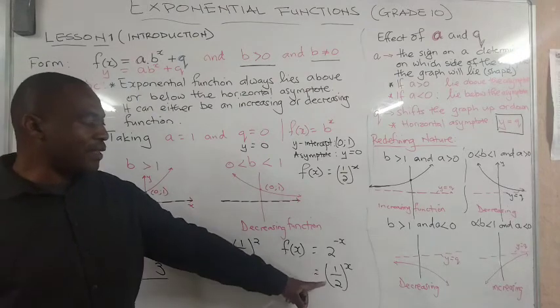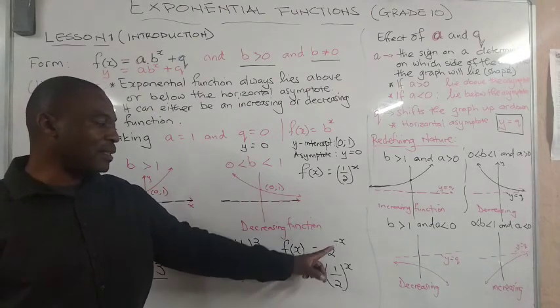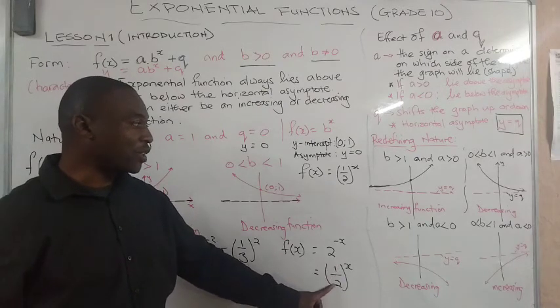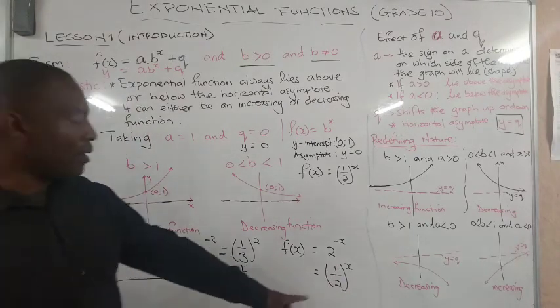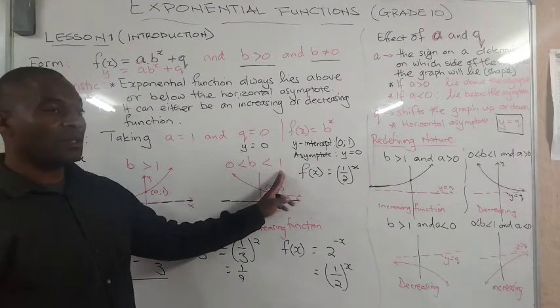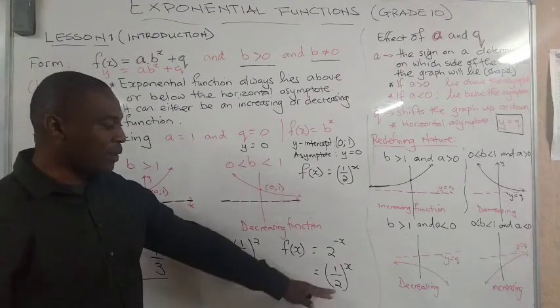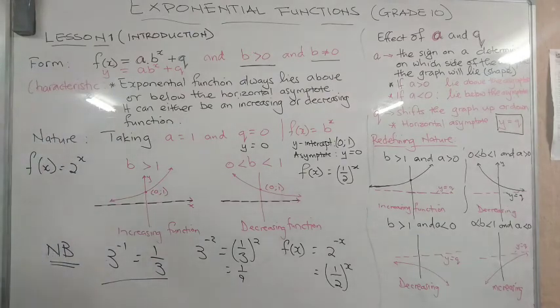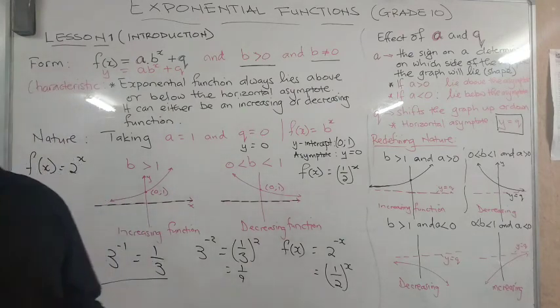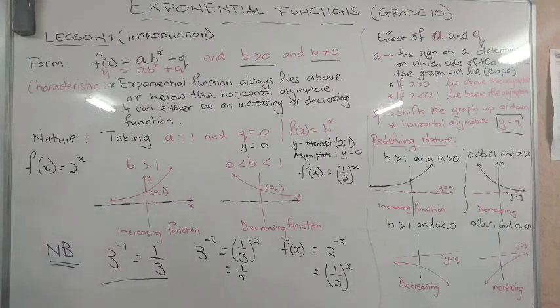So that clearly shows that this negative has the effect of giving us a fraction. So the condition on b is greater than 0 but less than 1. We also need to understand that before we go on to graph sketching. So let's meet in lesson 2 when we do some questions applying what we have just done.